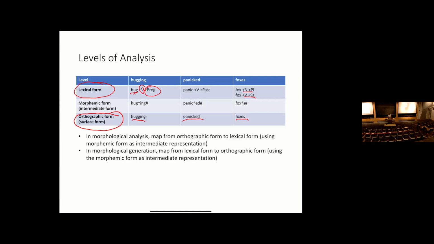So the problem is, how do we map back and forth between the lexical form and the orthographic form? And one thing that you'll learn is that one way of doing this is having an intermediate form, where all of the morphemes have just one representation each. So in hugging, if we divide it into morphemes, we've got hug with one G plus ing.